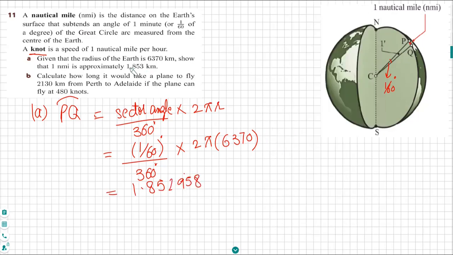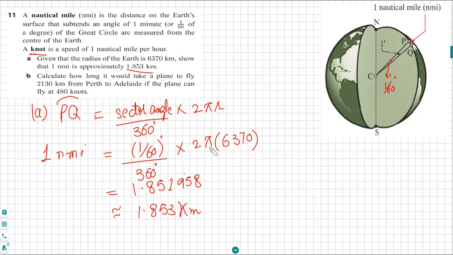And approximately this must be equal to this, right? 1.853. So 1 nautical mile equals 1.853 kilometers. Got it? 1 NMI is actually equal to 1.853 kilometers.